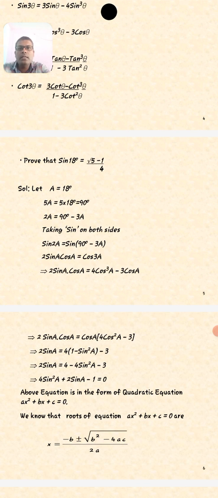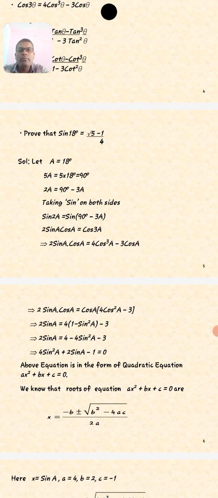We have to see the solution. A is equal to 18 degrees and now we find 5A is equal to 5 into 18, which is 90 degrees. In the place of 5A we write 2A plus 3A. From this we write 2A is equal to 90 minus 3A.